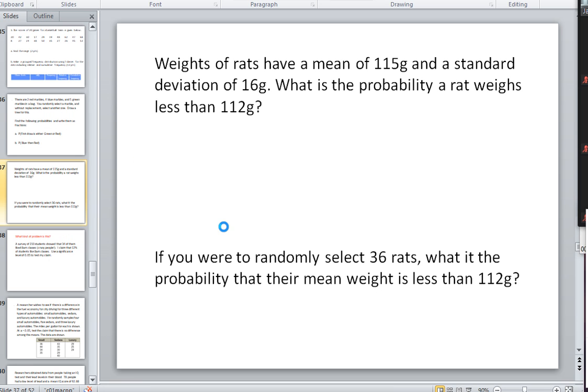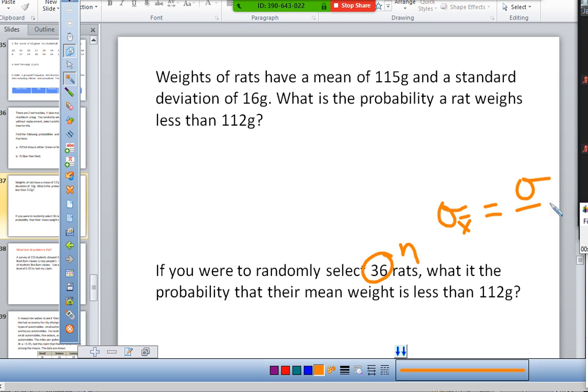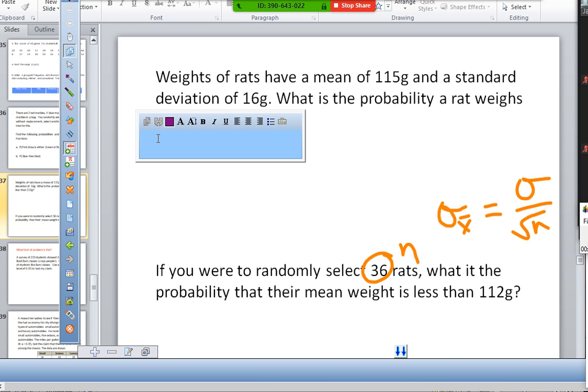So in this case, you have an N, so you're going to use sigma x bar instead, which is the old sigma over the square root of N. And you use that to find your z-score. You're going to do the steps of, number one, find the z-score.